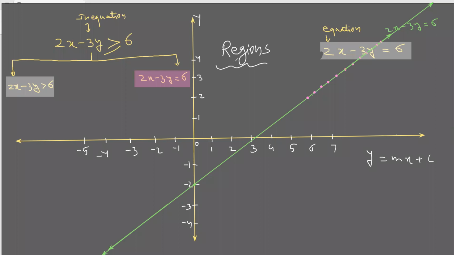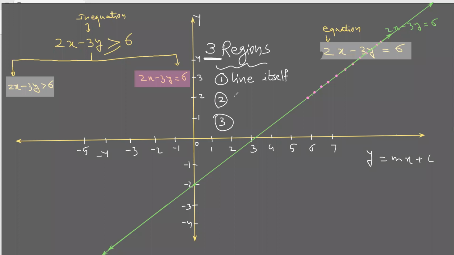Number one, the line itself. I said that whenever you draw a line on a 2D plane, the line divides the whole plane in three regions. Number one, the line itself. Number two and number three are the half planes.